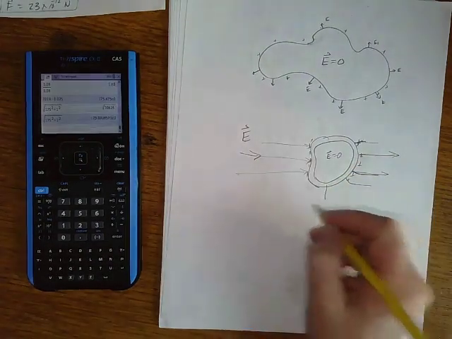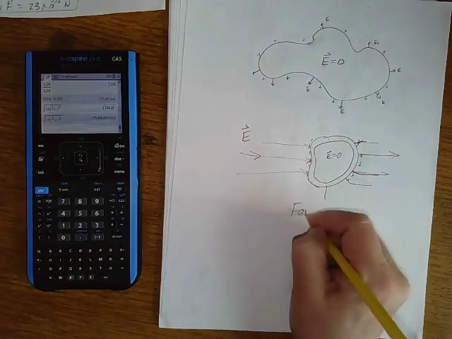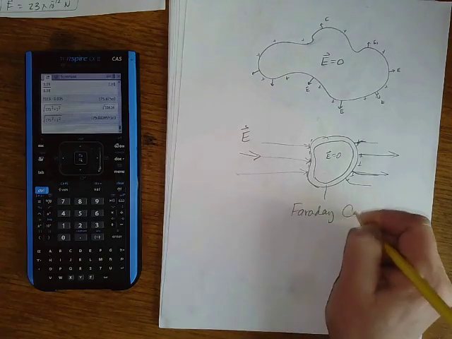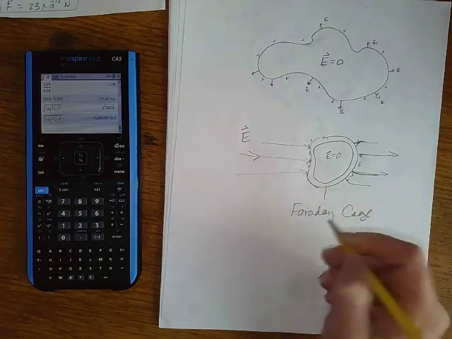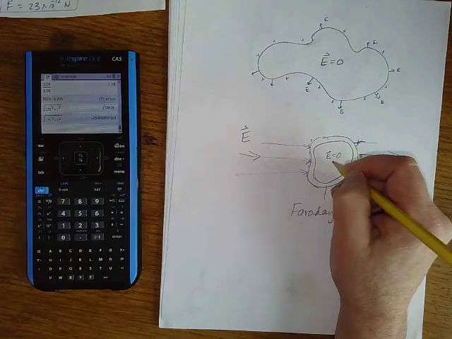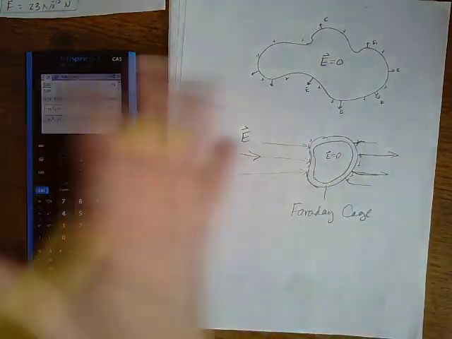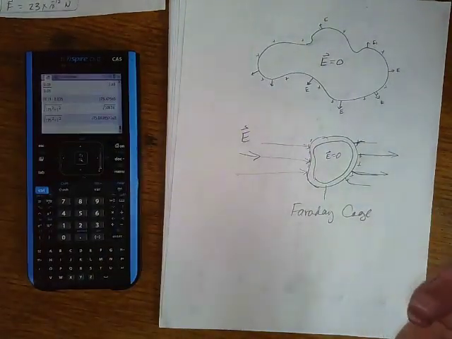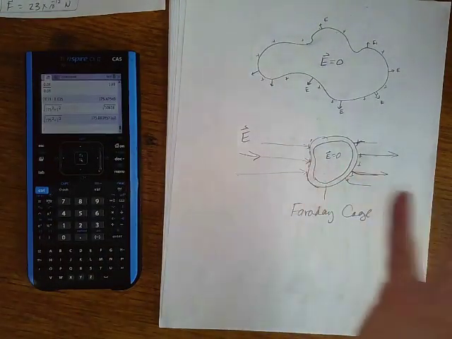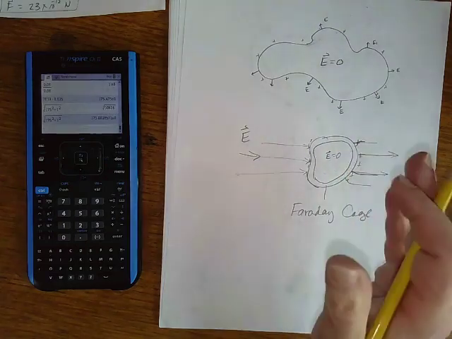So this is what they call a Faraday cage, and it has a shielding effect, right? So if you want to get away from all the electric fields, shield your cell phone, your whatever. You probably don't want to shield your cell phone because the electric waves are what get to your cell phone and get you messages.